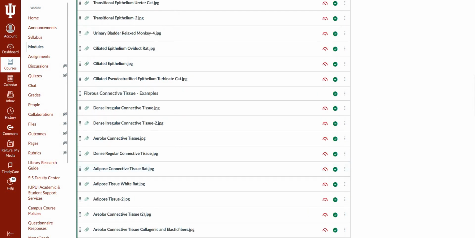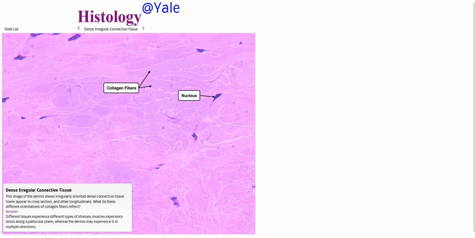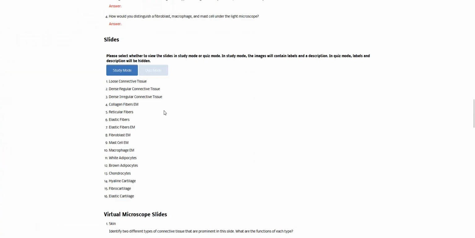All right, so let's dive right in and talk about fibrous connective tissue. So fibrous connective tissue is kind of divided into dense and loose connective tissue. And so we'll talk about dense connective tissue first. So this connective tissue has an almost combed appearance depending on if we're talking about an irregular pattern or a regular pattern.